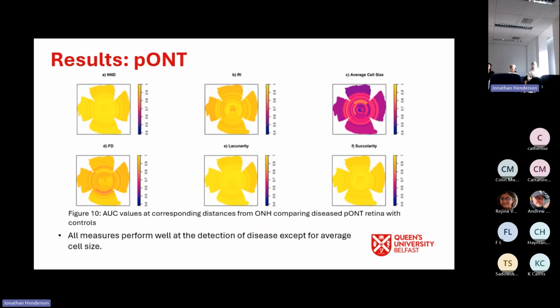The only thing to note is that our average cell size was the only one that didn't have an AUC value of 0.9 in any of the regions. The reason is just because of the degenerative process that happens. Your cells will grow in size after the initial impact of the primary degeneration, so this is what the measure is picking up, really.